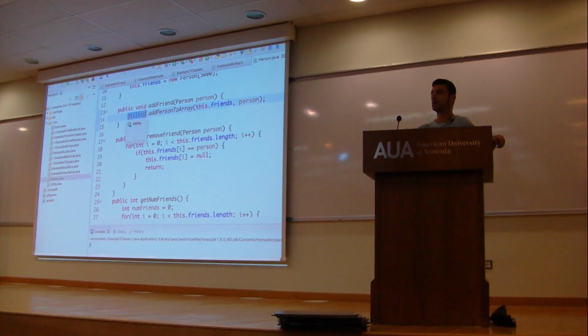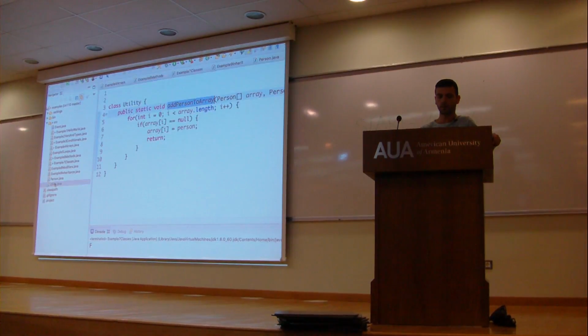Why should that add friend be void? Do you want your add friend function to return something? No. How does Java know we want to return nothing? By what you specify here.